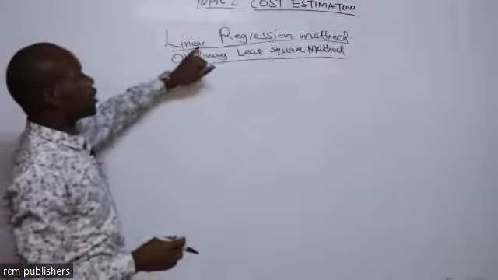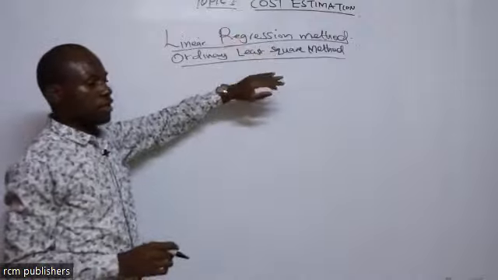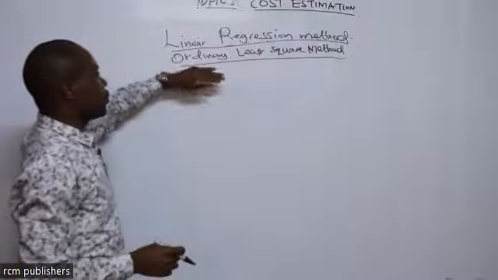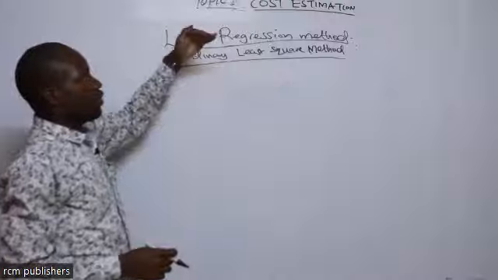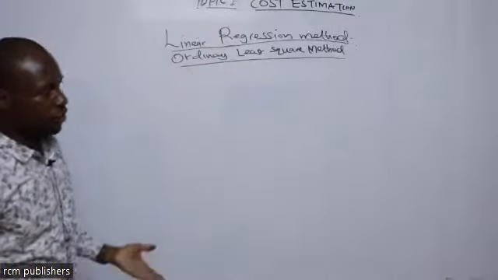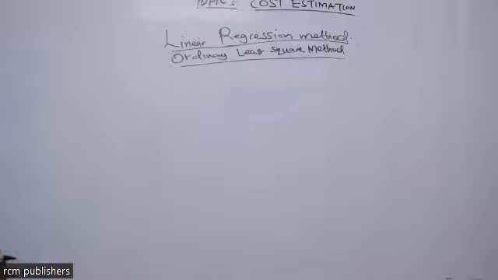So in exams or maybe in class, we've learned about the linear regression method. In exams, the examiner is telling you, use the ordinary least square method to come up with a cost estimate function. So you'll be wondering which method is this, from which topic they are testing this question. So you have to know the other names, which I will try as much as possible to give you.